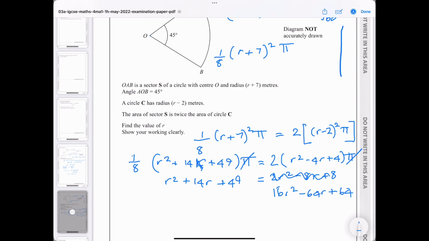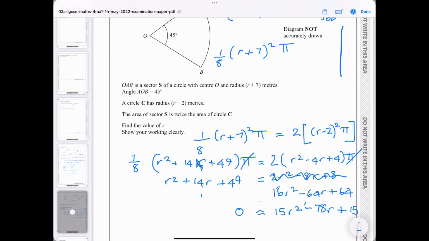Now I'm going to take this off that side, so I get 0 equals 15r squared minus 78r plus 15.